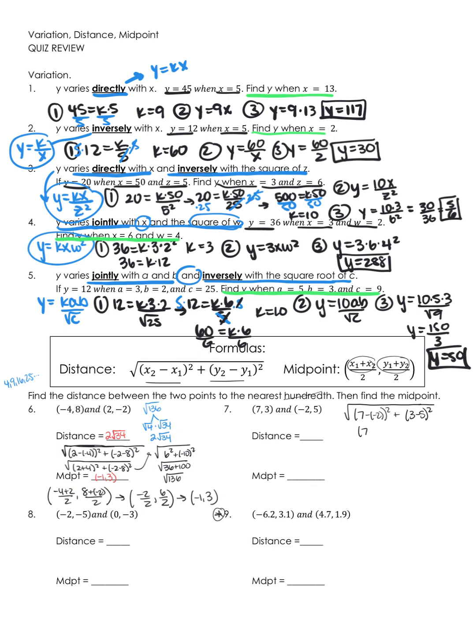So this will turn into 7 plus 2 squared. 3 minus 5 is -2 squared. 7 plus 2 is 9. So this will be 9 squared plus -2 squared. So that'll be 81 plus 4. So that'll be 85.